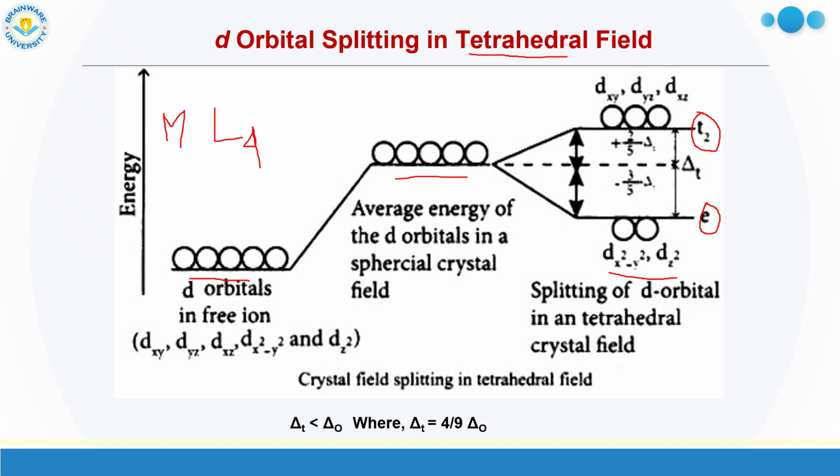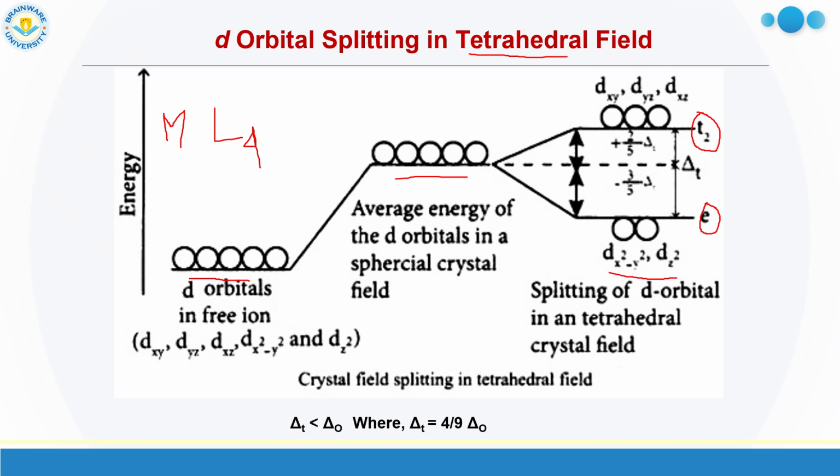For tetrahedral complexes, it is unsymmetrical, so we will not use any g sign. Here you see the splitting pattern becomes opposite to the octahedral. E becomes lower, T2 becomes higher, and the reason I already discussed, it happens due to the direction of approach of the ligand.